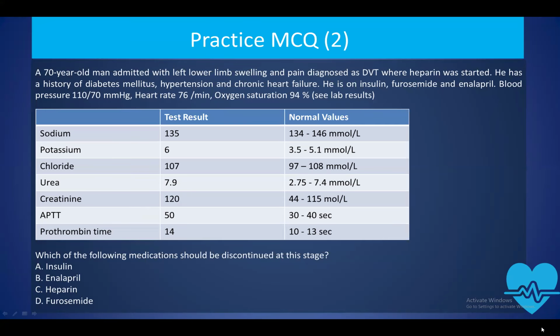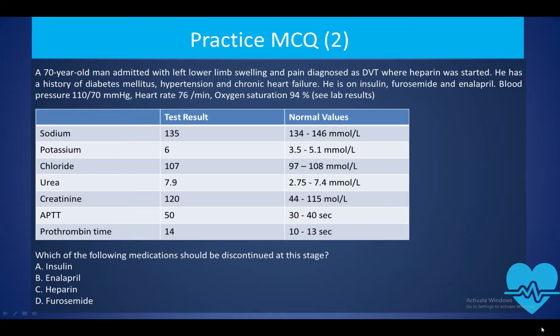A 70-year-old man admitted with left lower limb swelling and pain, diagnosed as DVT, where heparin was started. He has a history of diabetes mellitus, hypertension, and chronic heart failure. He is on insulin, furosemide, and enalapril. Blood pressure is 110 by 70.